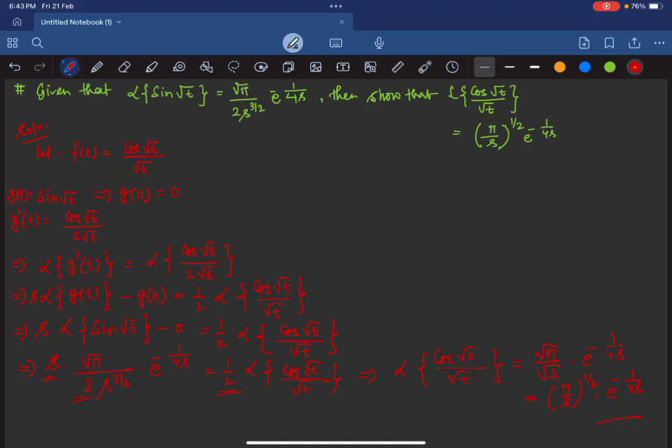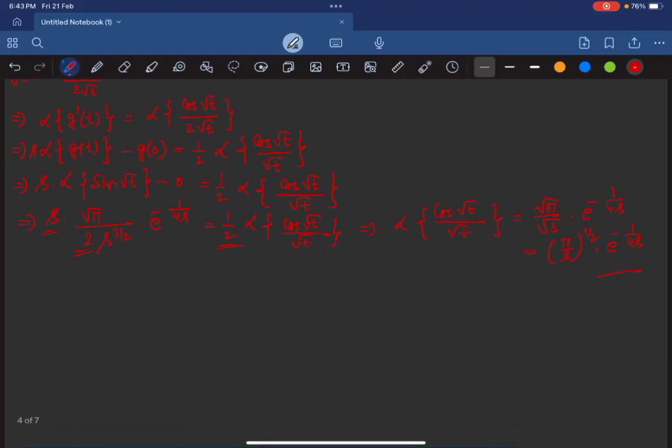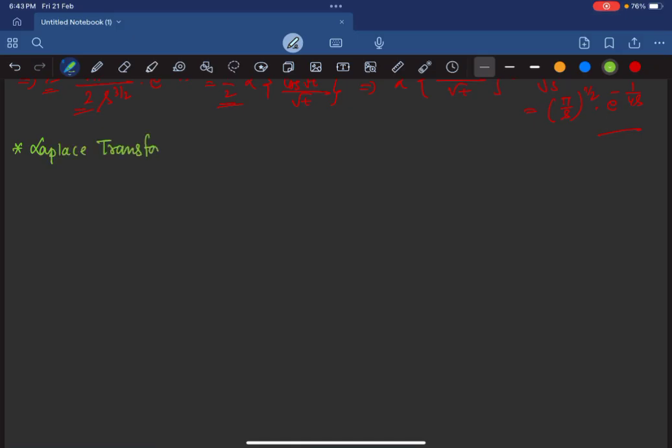Now, Laplace transform of the derivative we understood. Now Laplace transform of integrals. Next result, it is also a very important result.